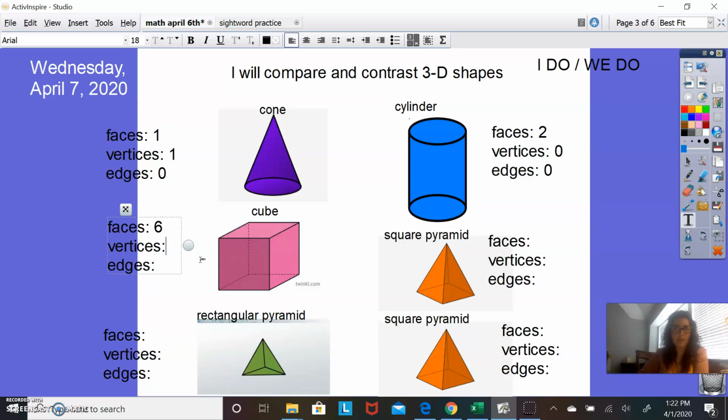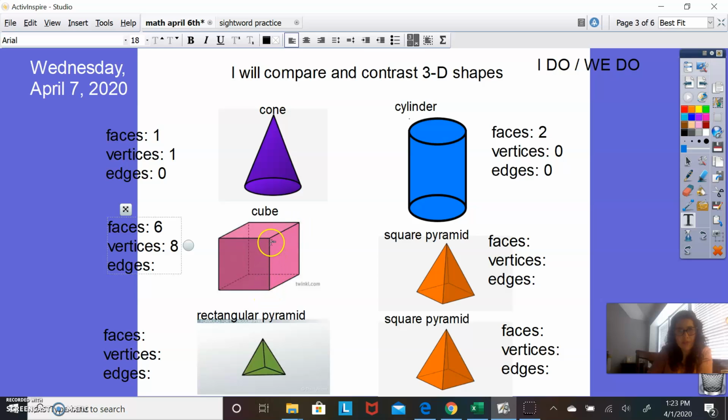Now we want to talk about the vertices, the corners where the sides come and meet at a point. So if we look at a cube, we can count 1, 2, 3, 4, 5, 6, 7, 8. 8 vertices.